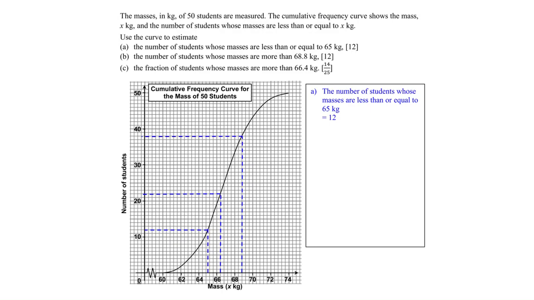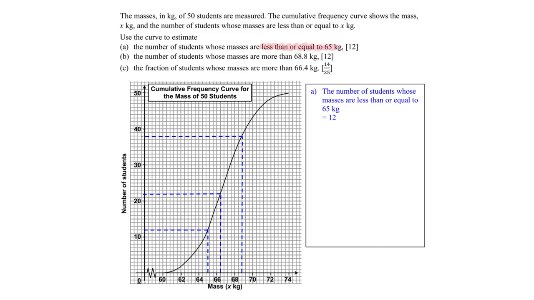Hello everyone, welcome to this video where we are given the masses of 50 students and use the curve to find the number of students whose mass is less than or equal to 65.